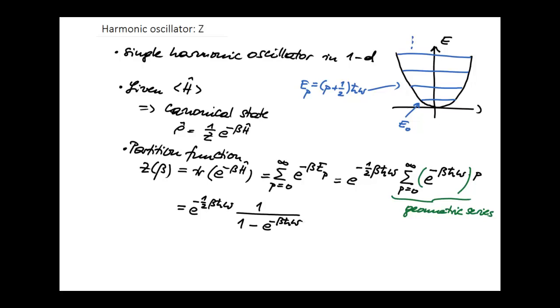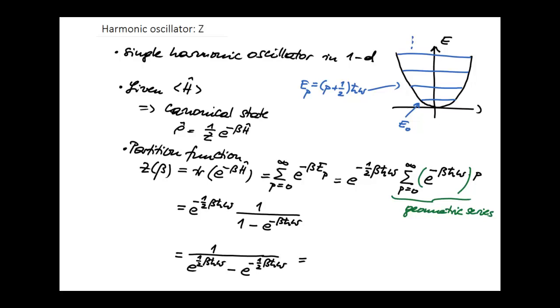And then we can take the prefactor back into the formula and can also write that as 1 over e to the 1/2 beta h bar omega minus e to the minus 1/2 beta h bar omega.